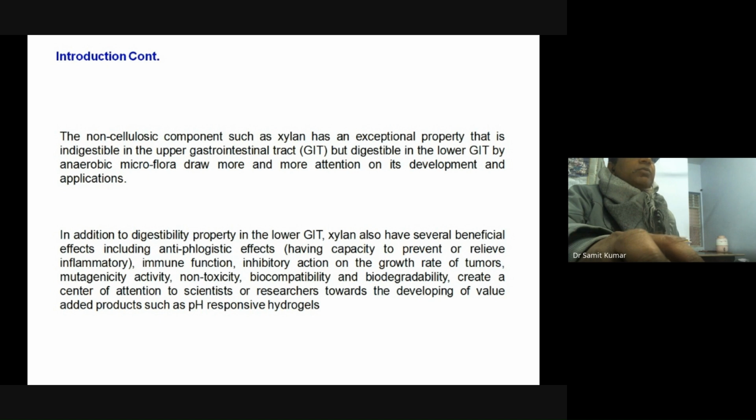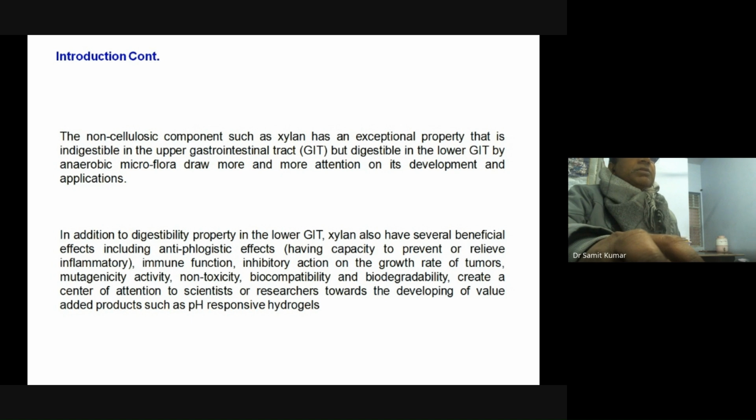In addition to digestibility in the lower gastrointestinal tract, xylan also has several beneficial effects, including anti-phlogistic effect, immune function, inhibitory action on the growth rate of the tuber, mutagenicity activity, non-toxicity, biocompatibility, and biodegradability, that create a center of attention for scientists and researchers towards developing value-added products such as pH-responsive hydrogels.